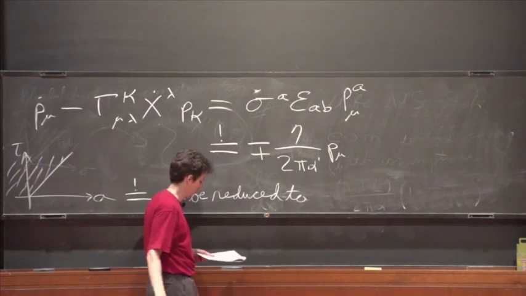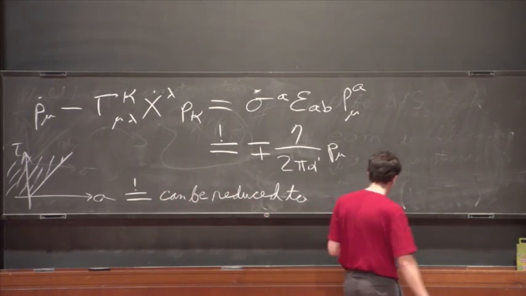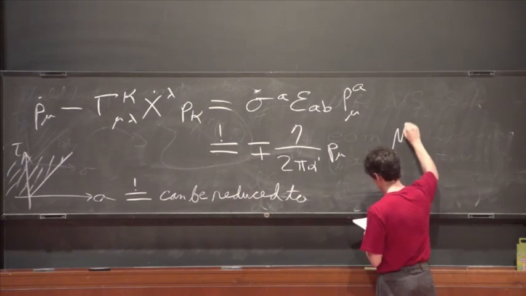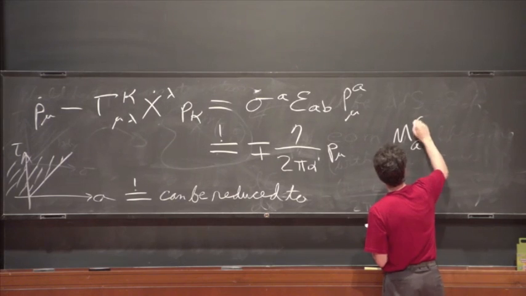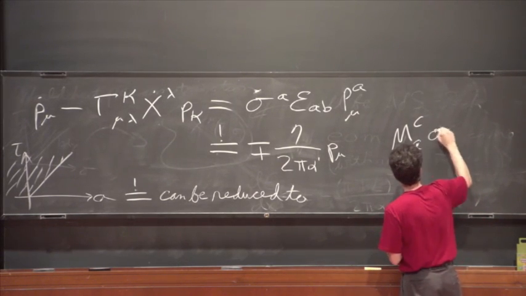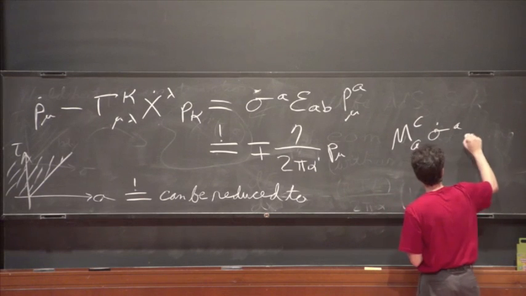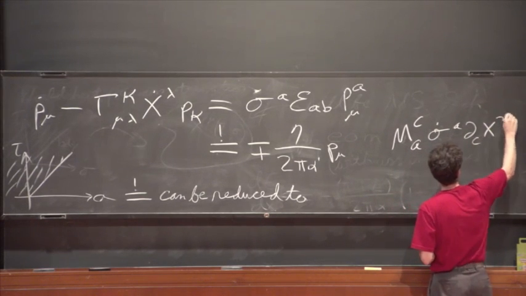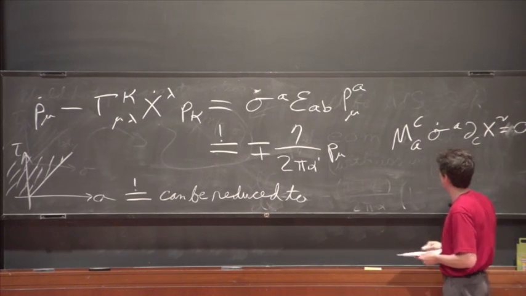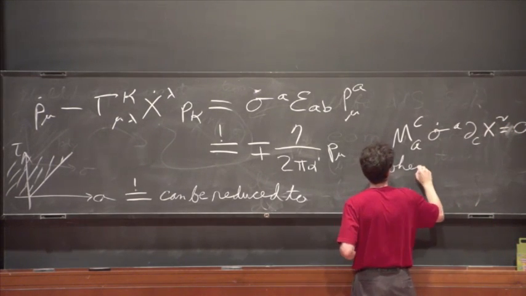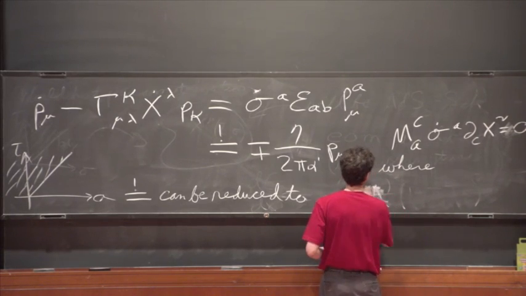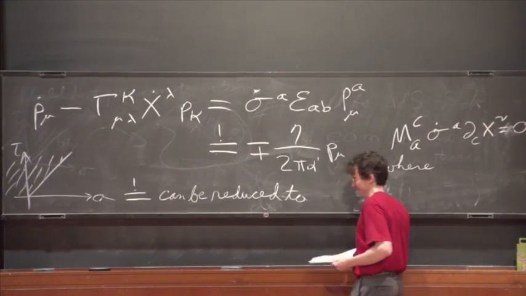And I claim that it's not hard to see that you can reduce it to the following simpler form. Where M^A_C, I think I better have a bit more room to write down M^A_C.